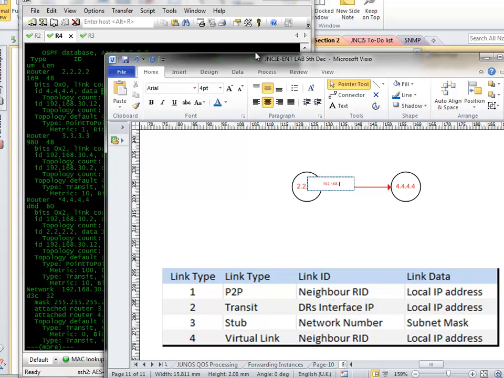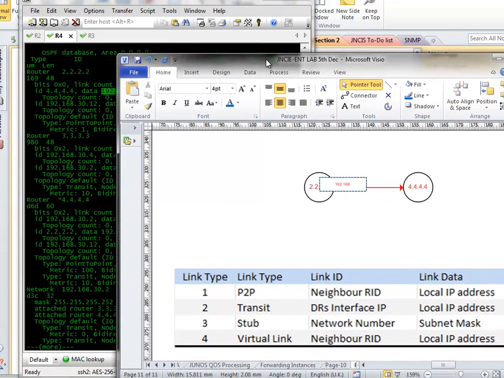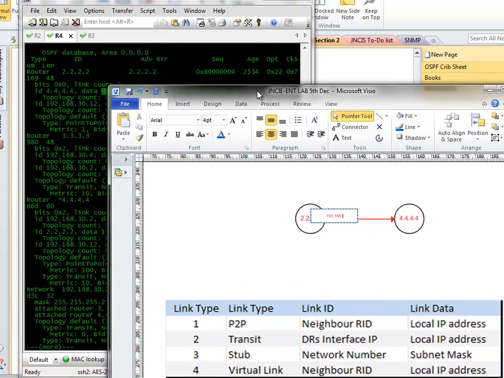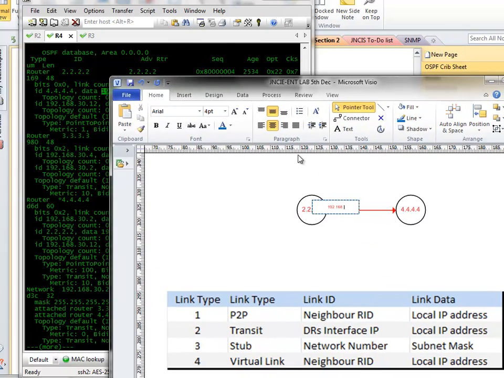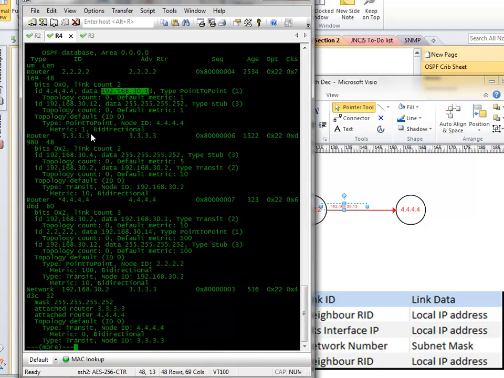What did we say it was? We said it was 30.13. We're going down here. This is the information that's been sourced by this. We're still looking at 2.2.2.2 here.